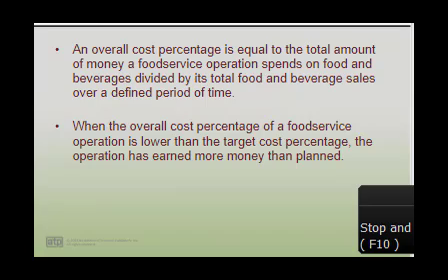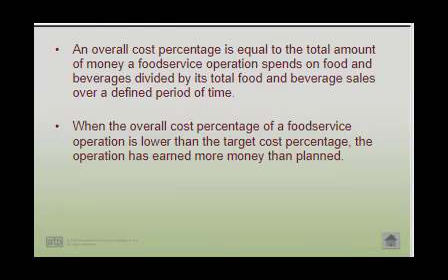An overall cost percentage is equal to the total amount of money a food service operation spends on food and beverages divided by its total food and beverage sales over a defined period of time. It is common for a food service operation to establish a target cost percentage for the operation.